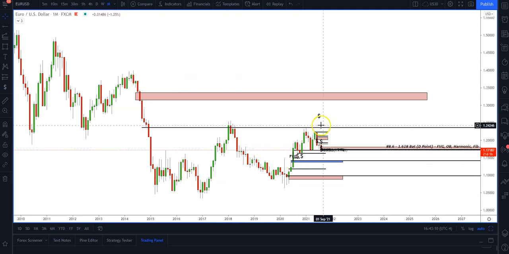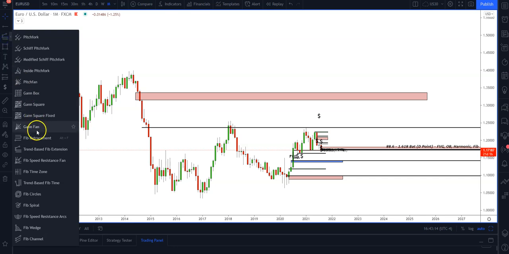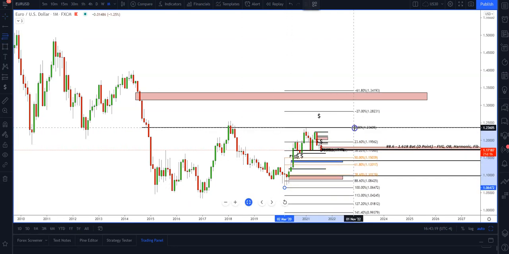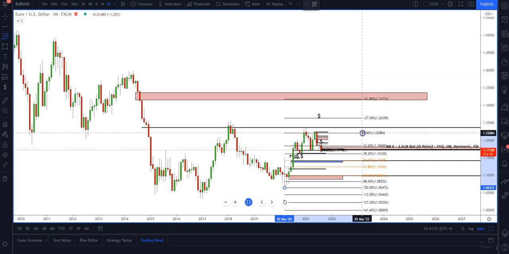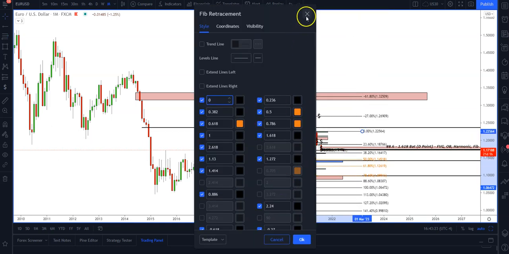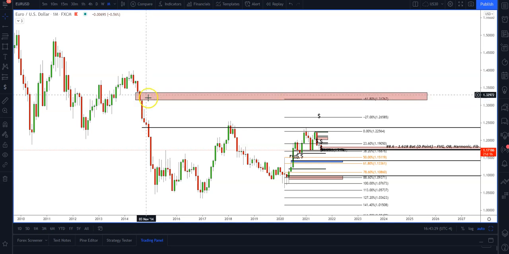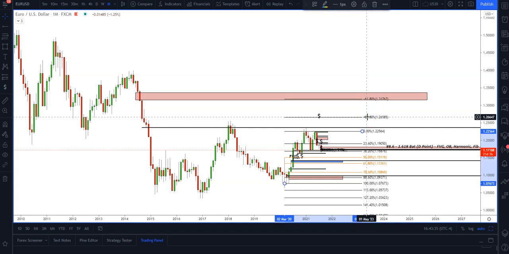Nice harmonic. So if we do this, hold on. Yep. Confluence. This right here is also a harmonic being played out, but let me break this down.